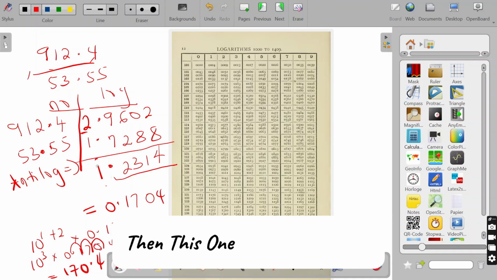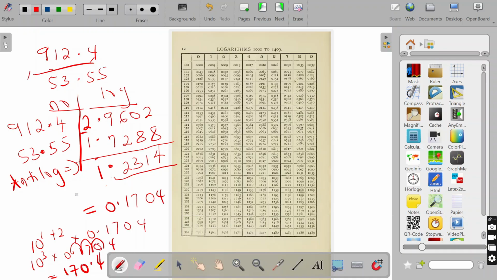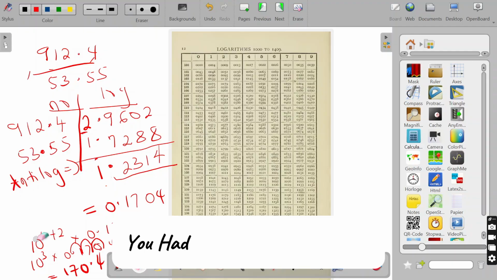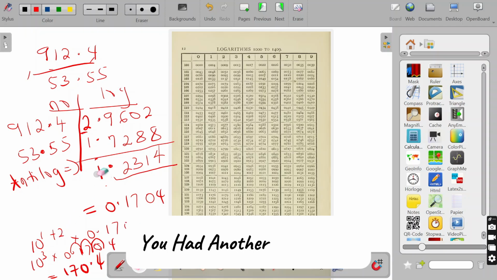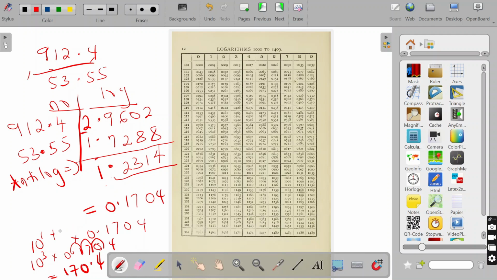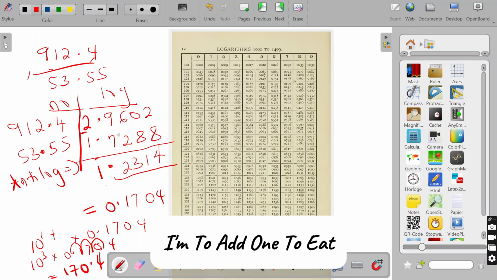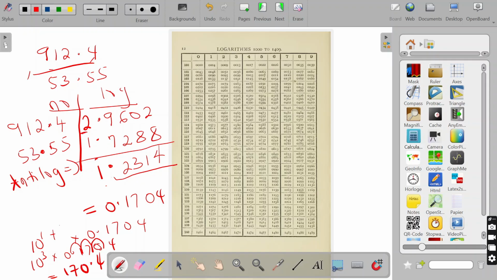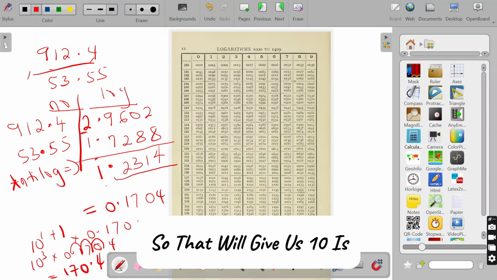Then for this one, there's a standard one already, so you add another 1 to it. I will erase this 2 and add 1 to it. So that will give us 10 raised to the power 2.